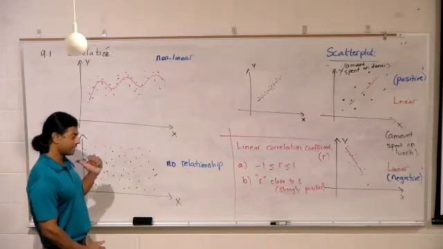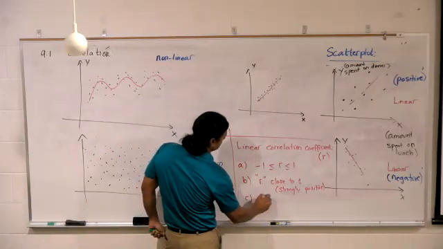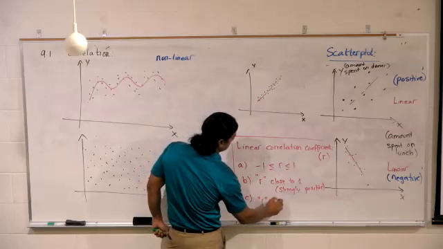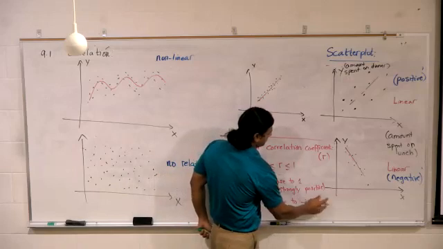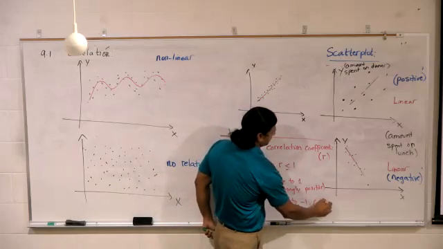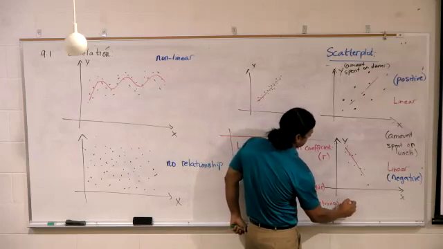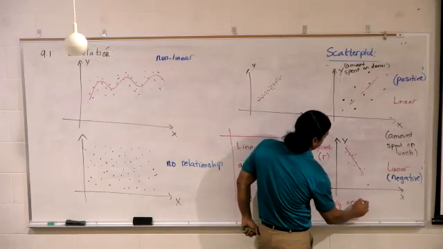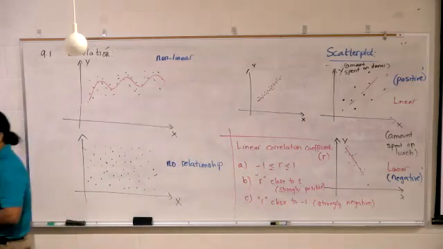If it is closer to -1, strongly negative correlation.